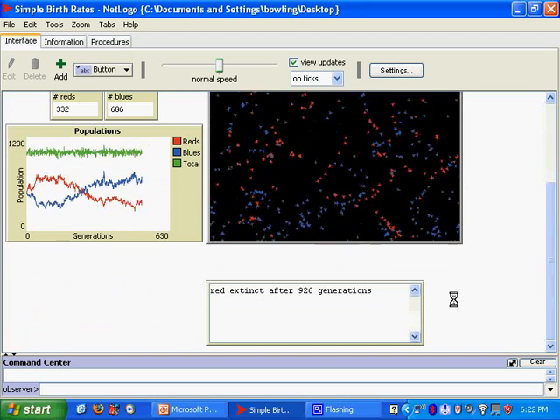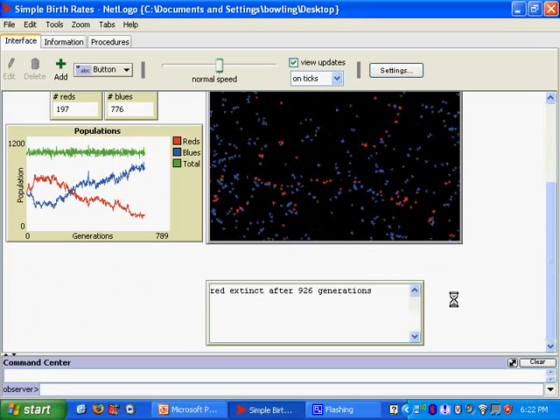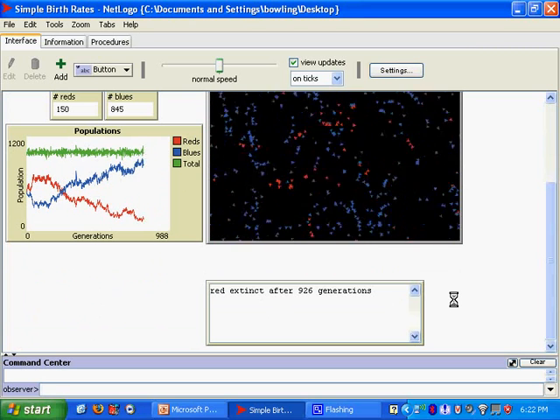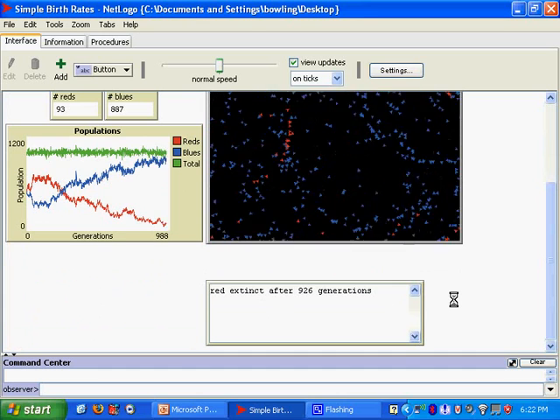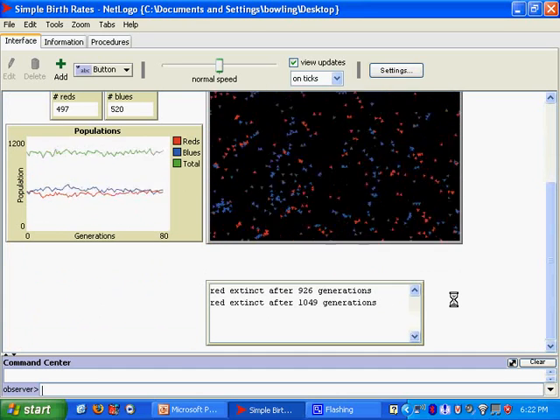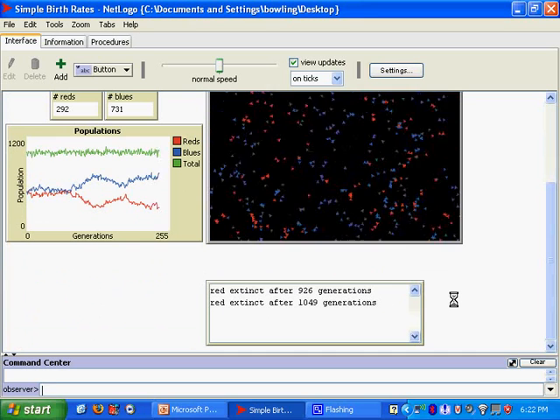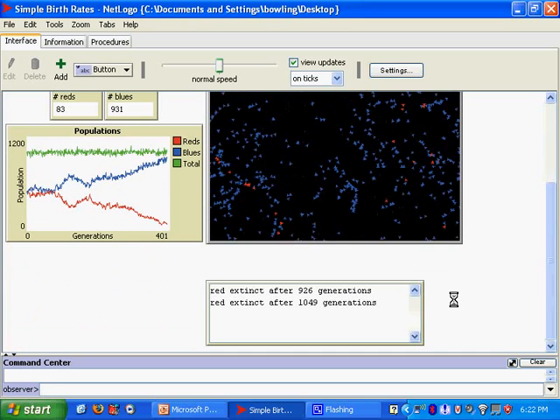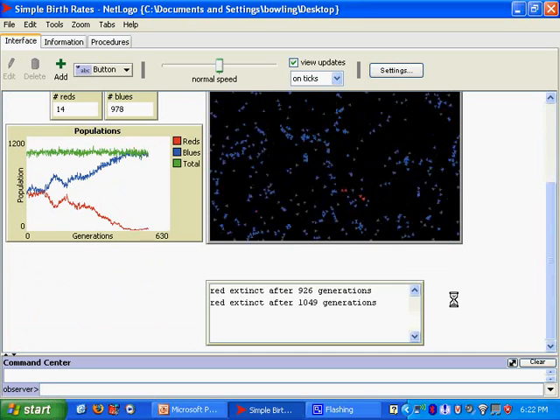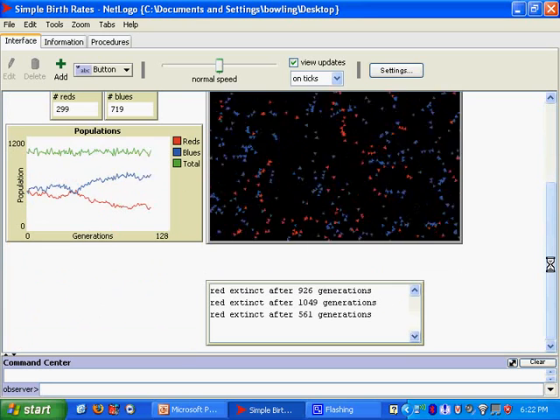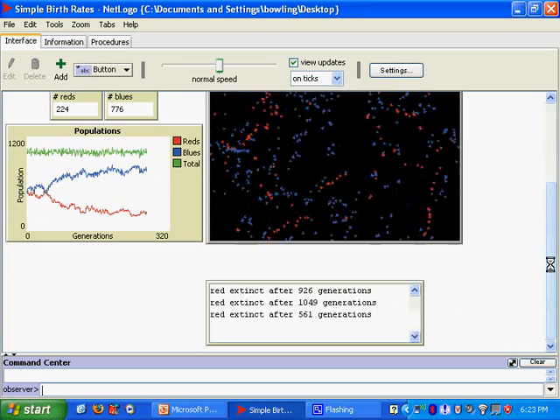If we were to run this over and over and over again, what we will see is that each time red will go extinct. In this particular run, it went extinct after 1,049 generations. We could run this over and over again. This time it went extinct at 561 generations. We'll run this one more time just to prove a point.